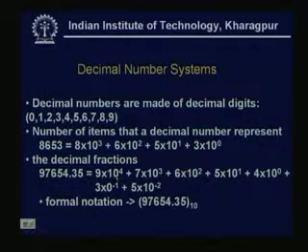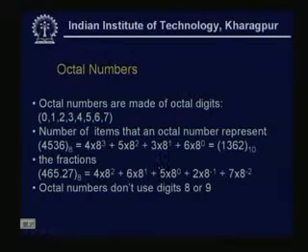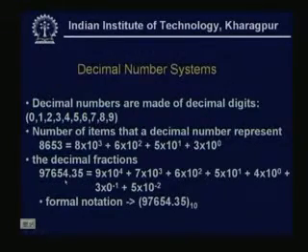So 9 into 10 to the power 4, then 7 into 10 to the power 3, 6 into 10 square, 5 into 10 to the power 1, 4 into 10 to the power 0. Now the next should be minus 1, because we have already reached the 0th position, so the position of 3 is minus 1.